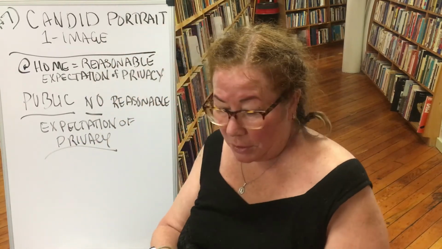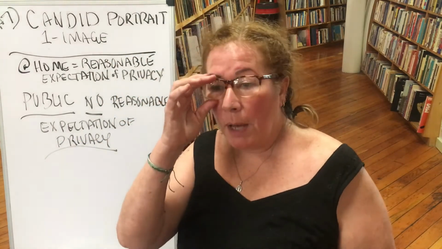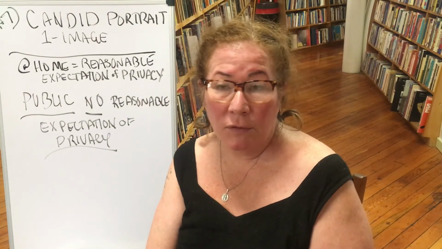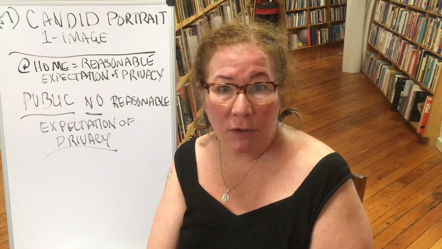That's very important to remember, because when you're taking a photo out in public, you can take it of anyone. There's not any person in public that you're not allowed to take a photo of.